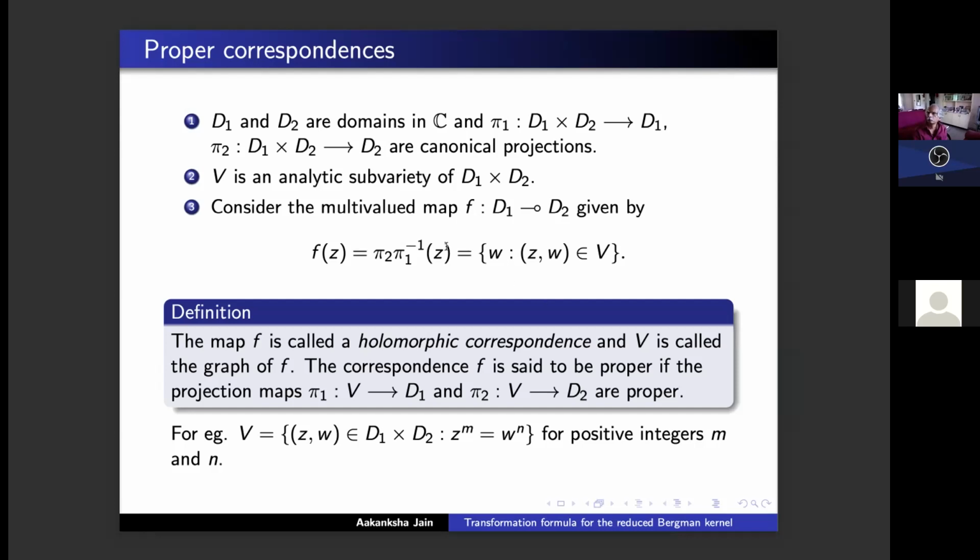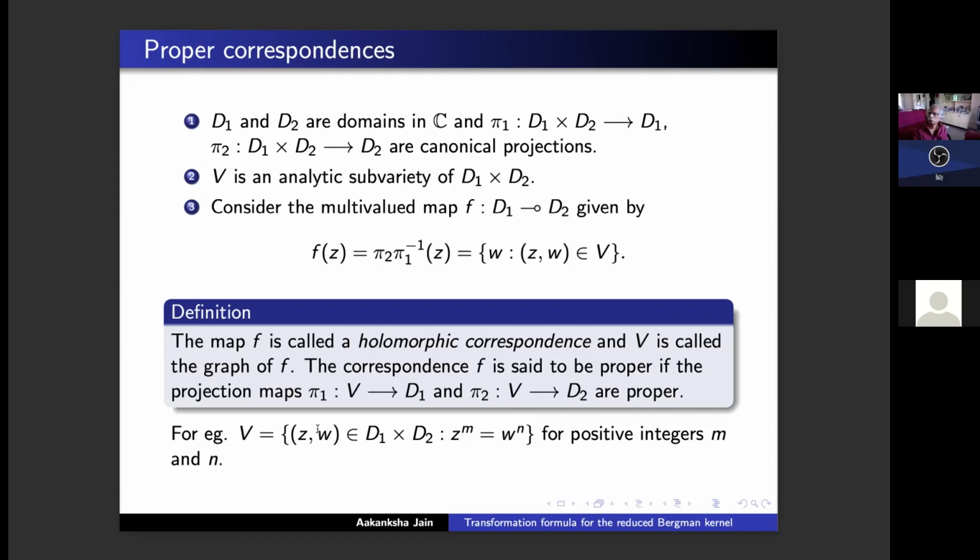This multivalued map is called a proper holomorphic correspondence, and this V is called the graph of F. And we say that the correspondence is proper if these projection maps pi1 and pi2, the projections from the analytic subvariety onto the first and second coordinates respectively, are proper.